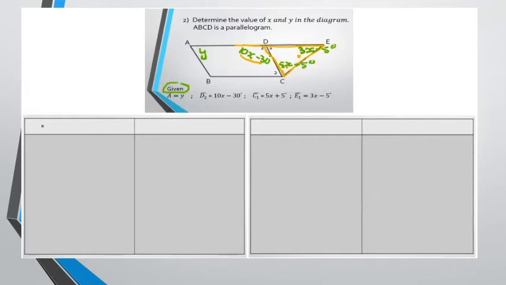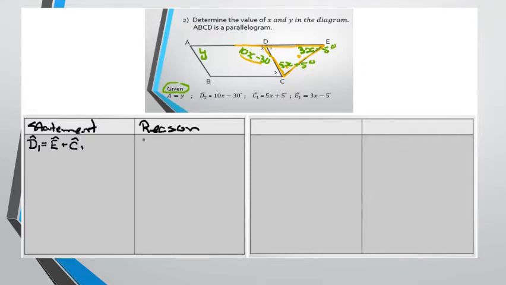Now you can see this calculation is a little bit bigger, so I have two blocks. So I'm going to start: statement and reason. So therefore I'm going to say that angle D1 must be equal to angle E plus angle C1.